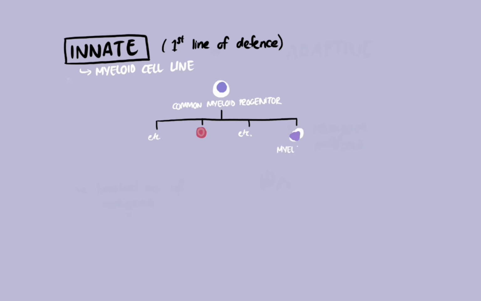But we're mainly concerned with it differentiating into a myeloblast, because from there, that's where you get all your granulocytes, which are your white blood cells involved in the innate immune system. For example, you've got your basophil, you've got your neutrophil, you've got your eosinophil, and finally you've got your monocyte.